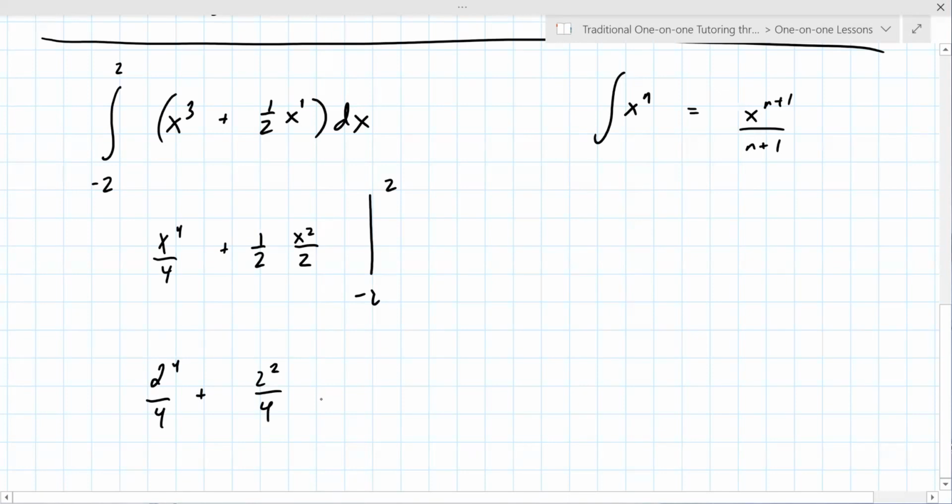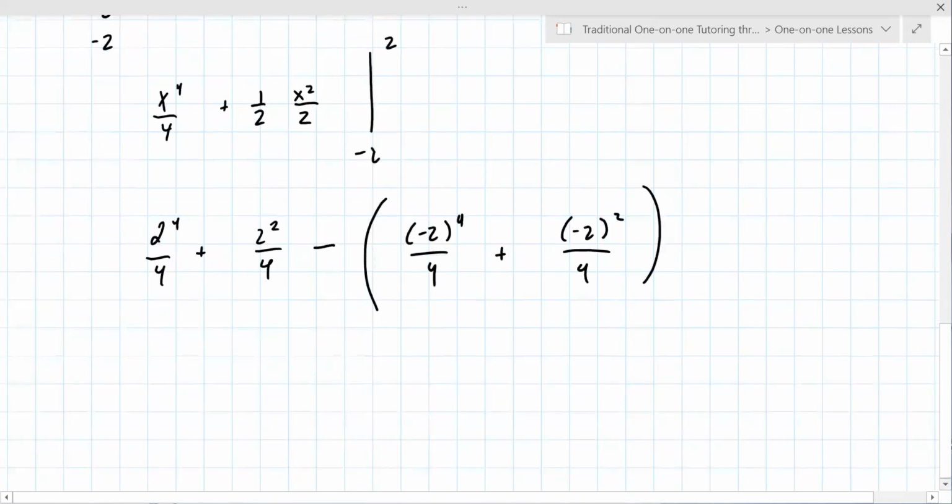Minus -2 to the 4th over 4. 2 to the 4th is 2 times 2, 4, times 2, 8, times 2, 16, over 4.